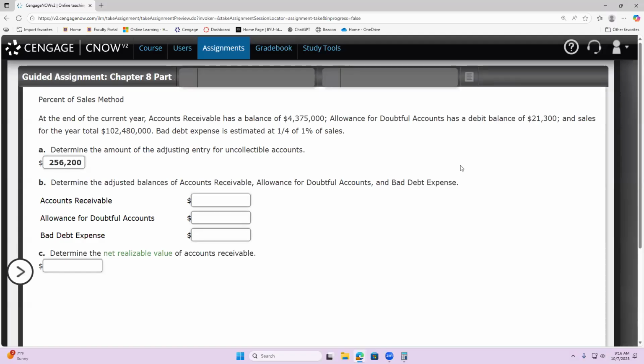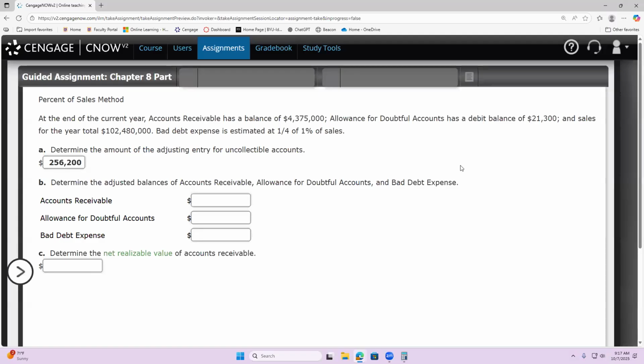If we had a balance of 4,375,000, and this adjusting entry, the 256,200, is going to look like this: bad debt expense on the debit side, 256,200, and the allowance for doubtful accounts, credit 256,200.